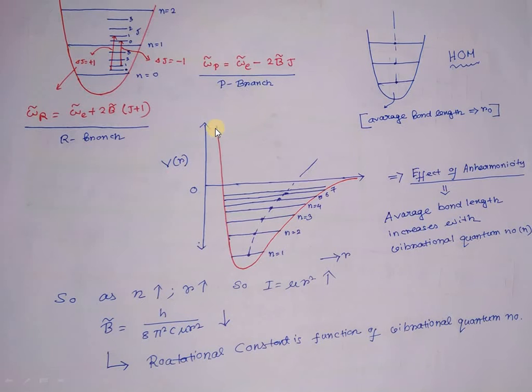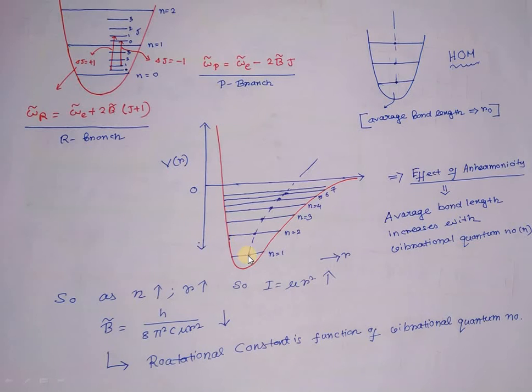In the actual case, the potential energy diagram in two dimensions will look like this. You can see that it is not a perfectly parabolic system. The actual potential energy function with distance will look like this. So you can see that in the real situation, due to the presence of anharmonicity, the average bond length will increase with the increase of the quantum number.